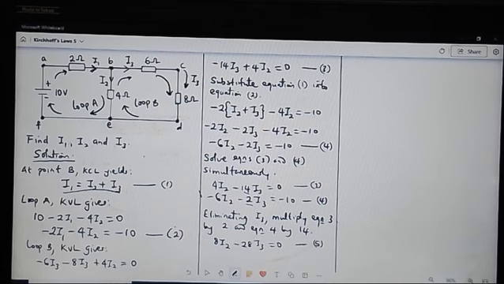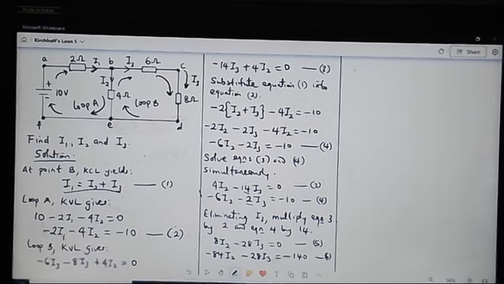Also, when we multiply equation 4 by 14, we have 14 times 6. Since there's a negative sign, we say minus 84I2 minus 28I3 is equal to minus 140. Call this one equation 6.